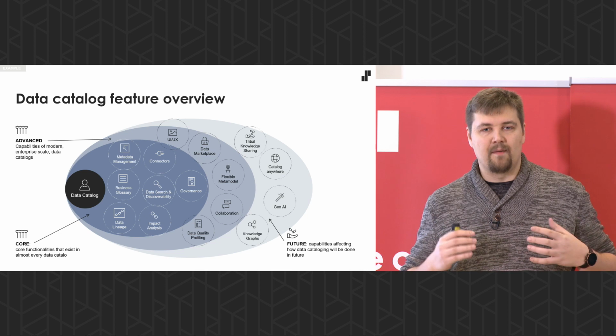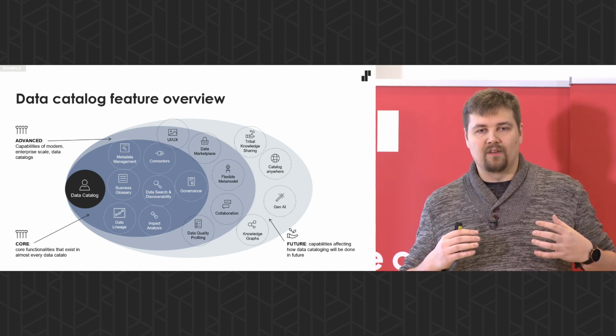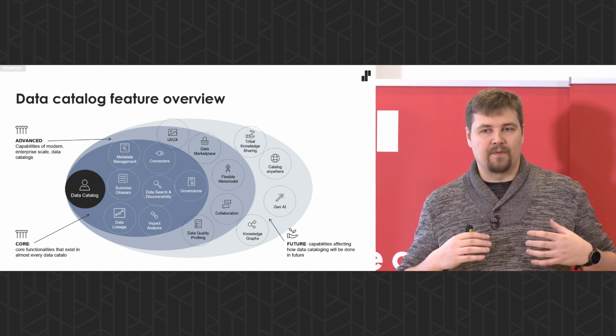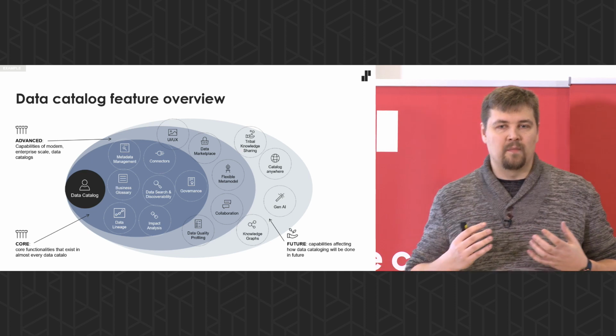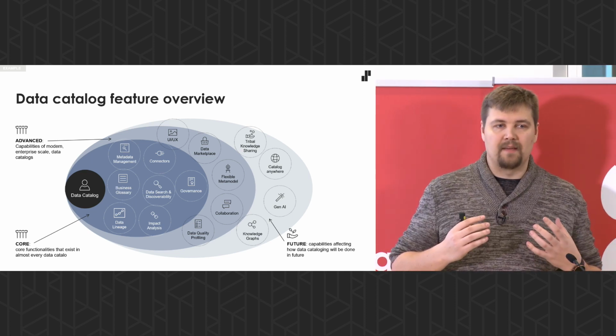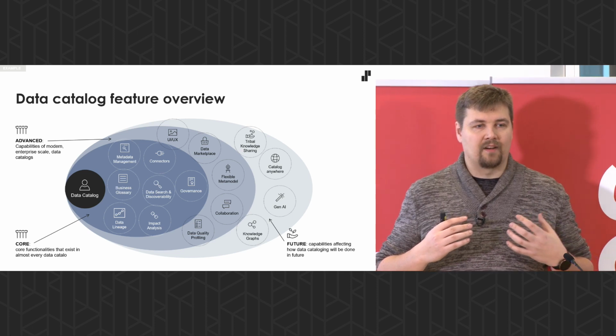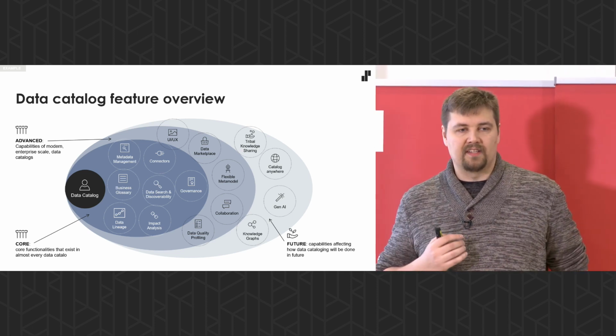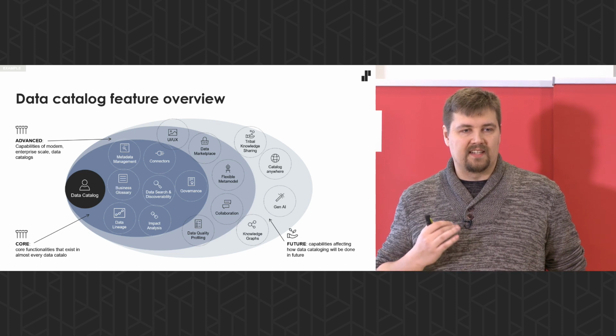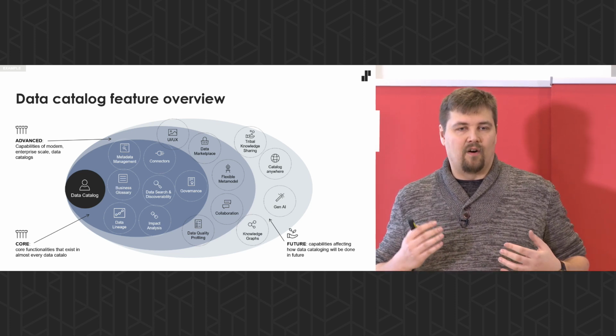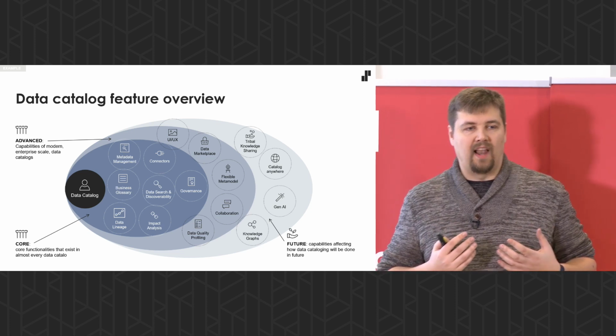Then having this catalog anywhere. So one of the fundamentals we are moving towards is that we are not trying to bring people to the catalog anymore, but we want to bring the catalog to the people. And in practice, this means that we want to integrate the catalog to these different systems, whether it's Jira, Confluence, Slack, Teams, etc., or some reporting tools online.